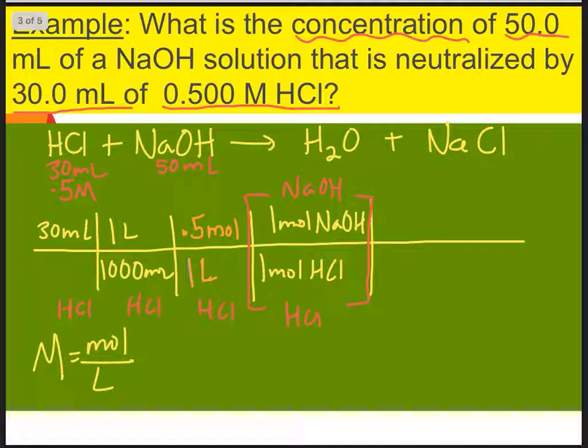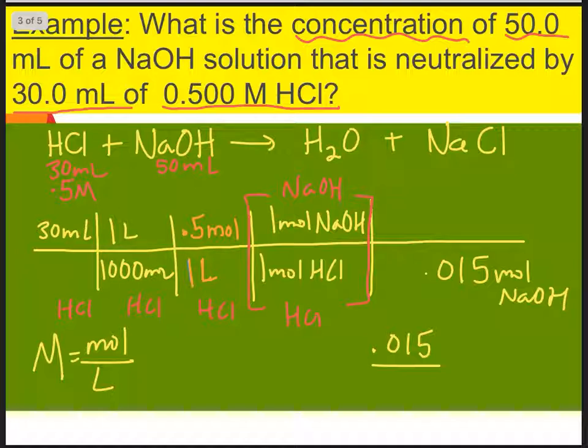And now that we have moles of sodium hydroxide, let's get an answer with that. So the number of moles would be 0.015 moles of NaOH if you calculated that out. And what we want to do is take moles and find the concentration, right? This is just moles. We need to find molarity, moles per liter. So I'm going to take 0.015 and divide it by my amount in liters.